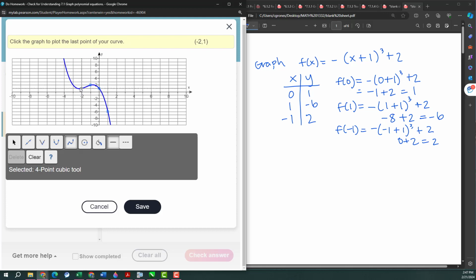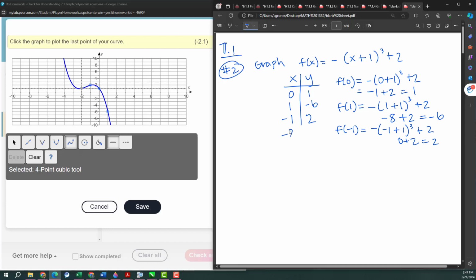So let's do where x equals -2. So f of -2 equals negative, and then -2 plus 1 cubed plus 2. So -2 and +1, I have -1 cubed. So negative, positive, negative, I end up with -1 and then plus 2.